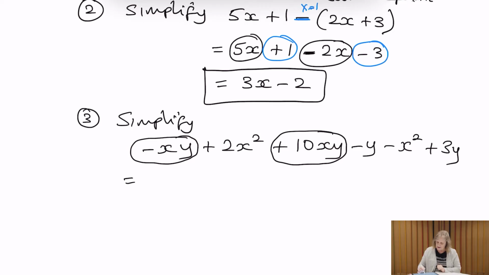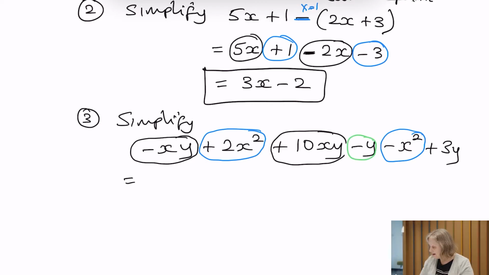If I look at the x squared now, I have a positive 2x squared and I have a negative x squared here. And then the third type I've got is minus y and plus 3y. So now if we add those individually as like terms, the first term, -xy, doesn't have a coefficient there.